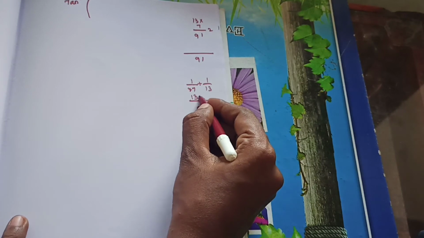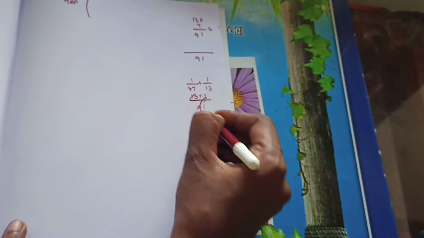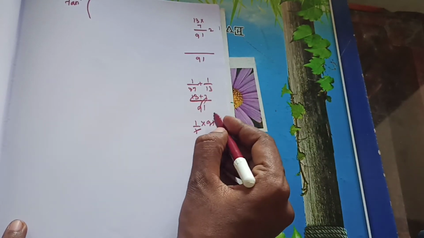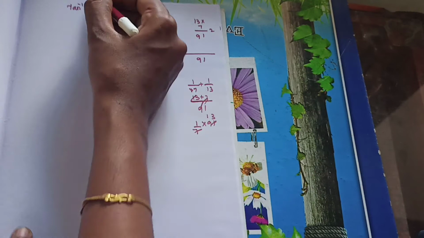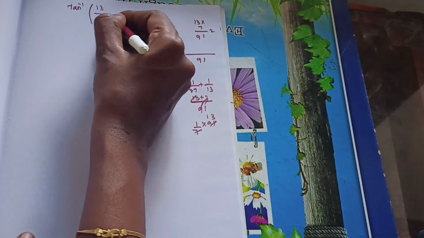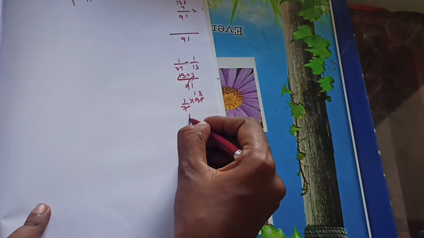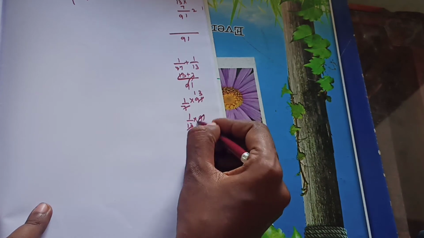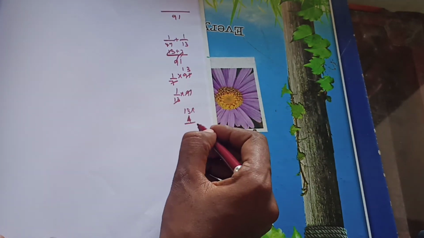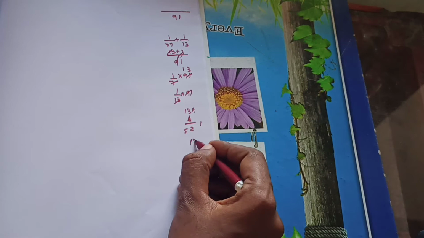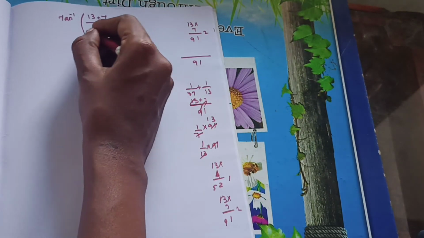So when you are cross multiplying, 13 plus 7, you will get 20 by 91. All these things you know already.